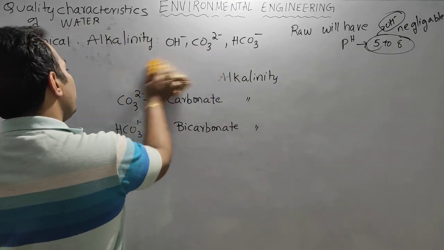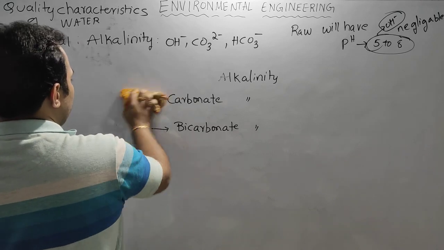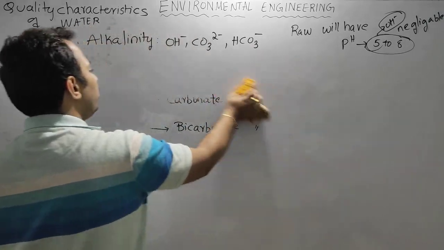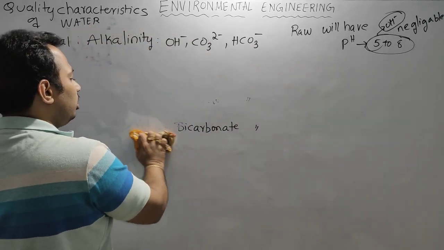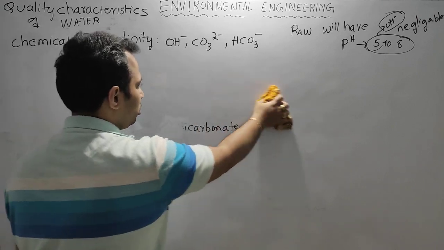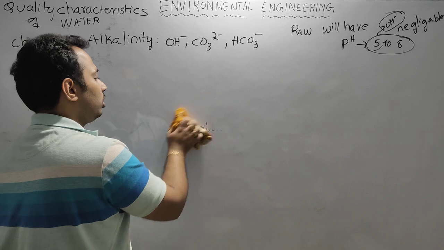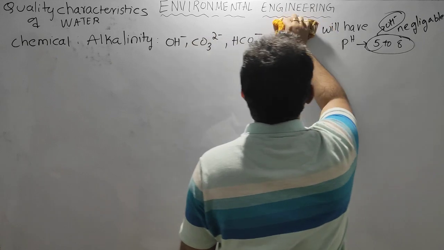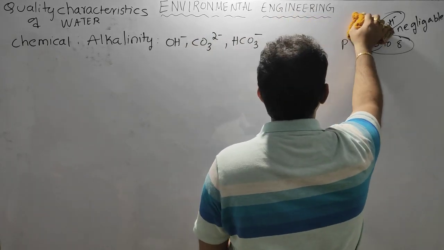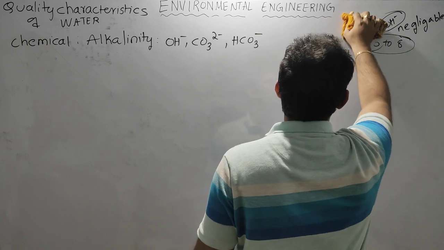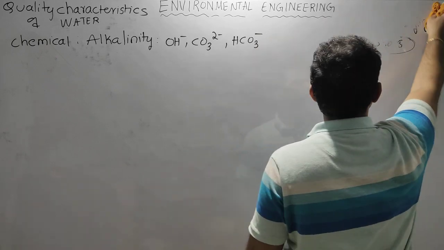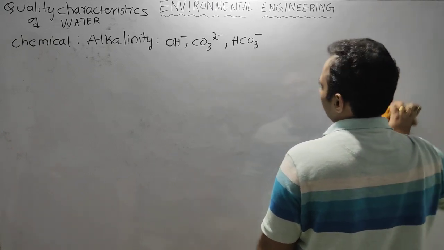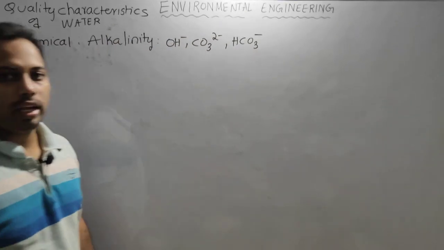Whenever there is any organic matter, how do these ions come into water? I already told you in the previous lecture. If you look at the water supply and wastewater collection system, water supply starts from the source and ends at the community, and wastewater begins at the community and again ends at the source.